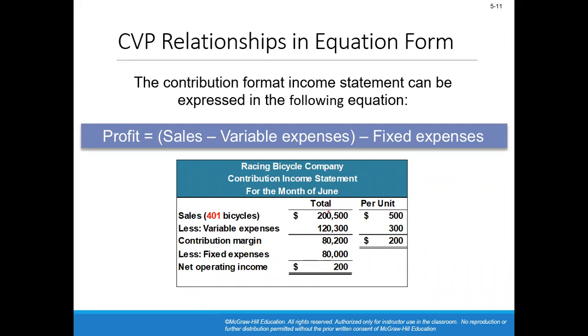So what will be the equation? You see, we have the sales number first. We need to subtract the variable expenses, and from this we get the contribution margin, and from the contribution margin we need to subtract the fixed expenses. So from this we get the net operating income.